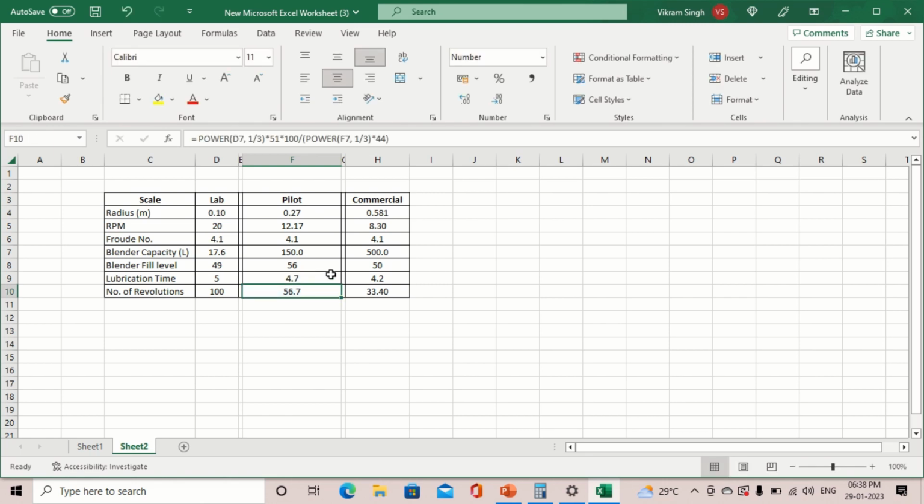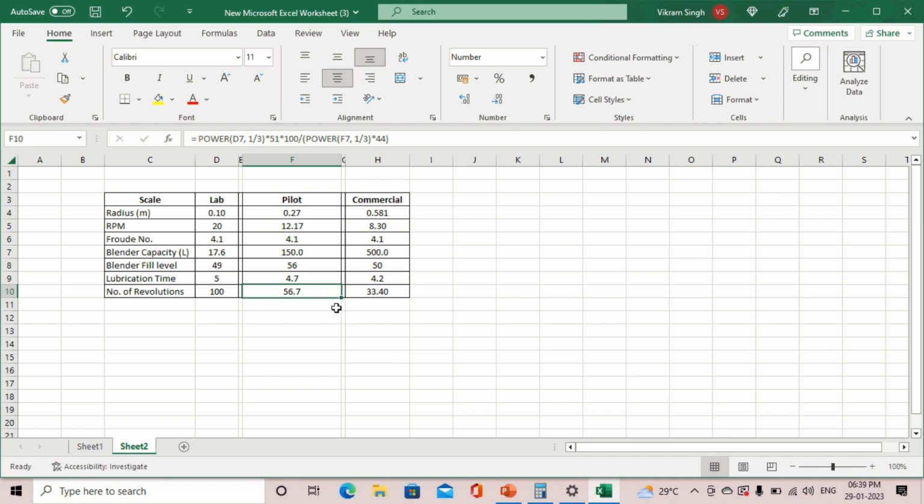minutes of lubrication time. In a similar way, as the blender capacity changes, as the batch size changes, as the occupancy changes, we can calculate the lubrication time. In this, the number of revolutions will not be equal. In this, we will calculate the headspace also, to determine the lubrication time for the pilot and commercial scale.